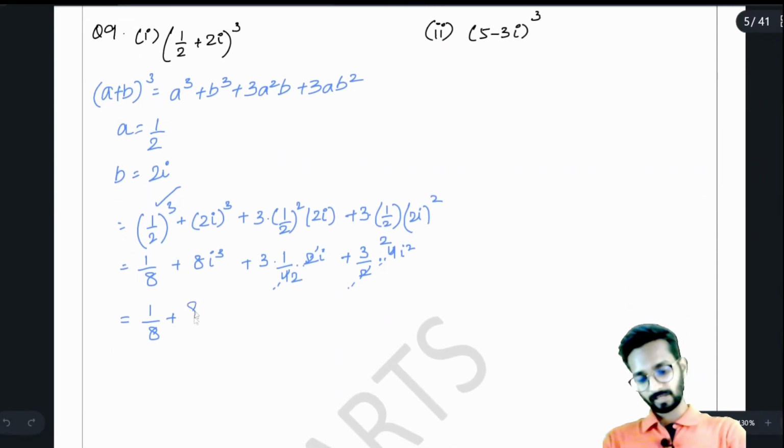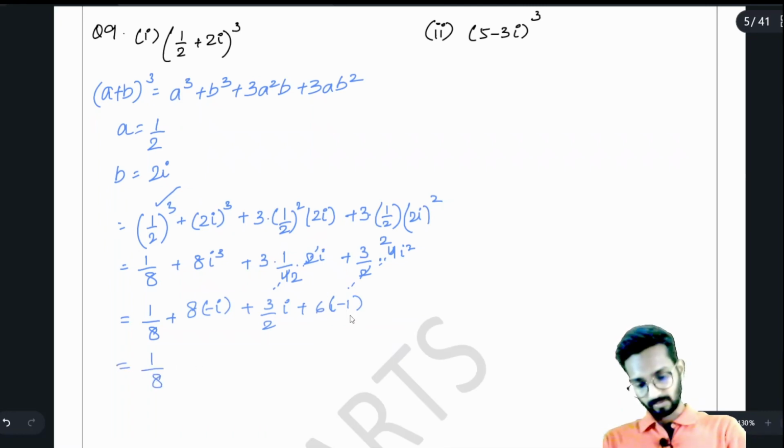8I cube, I can say 8 of -I plus 3 by 2I. Plus 3 2s are 6, 6I square is nothing but -1. If I solve this, 1 by 8 minus 6 minus 8I plus 3 by 2I.